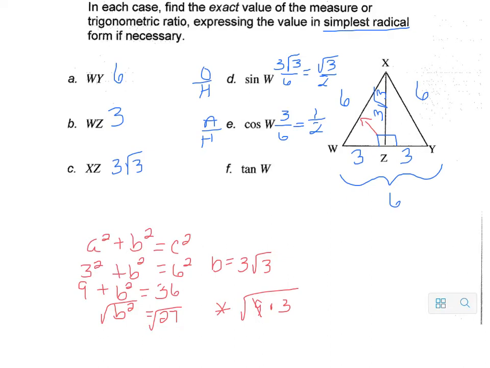And tangent, opposite over adjacent, will be 3 radical 3 over 3, which reduces to just plain old radical 3. Okay, so I guess that's where simplest radical form came in.